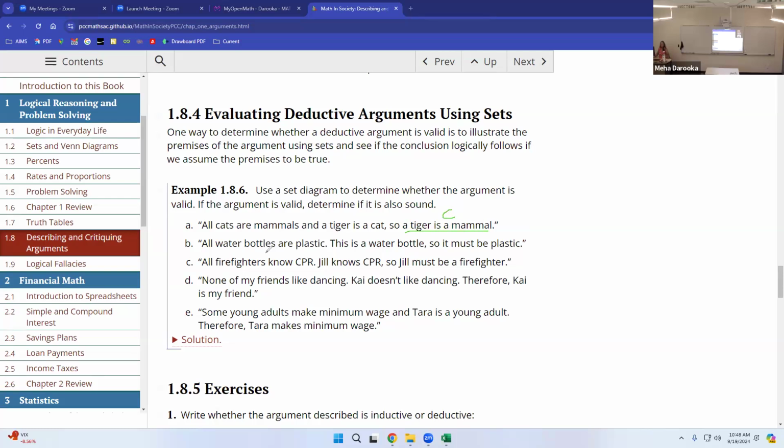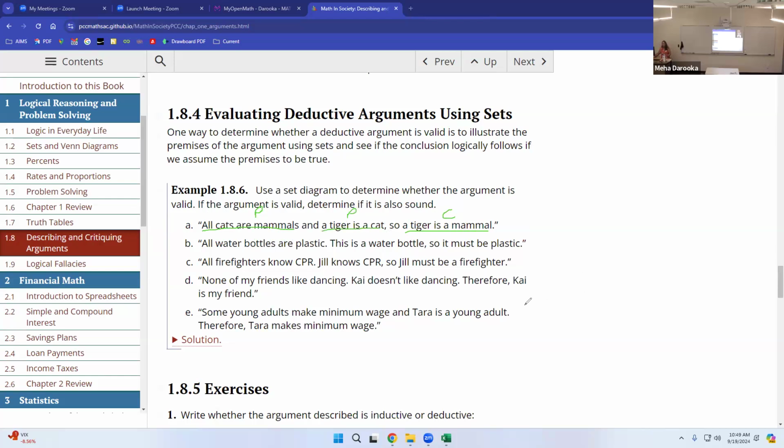What would be the premise in that statement? Cats are mammals. And the other one? Yeah. Very good.